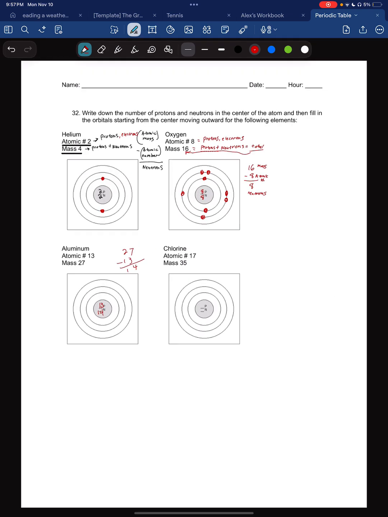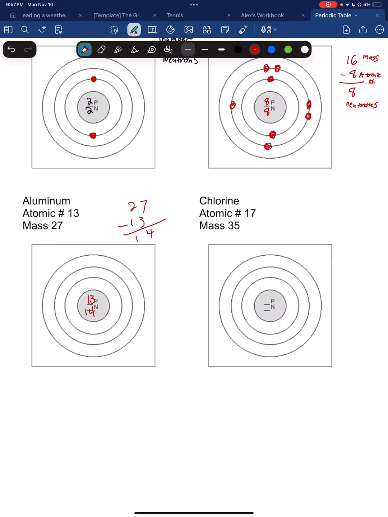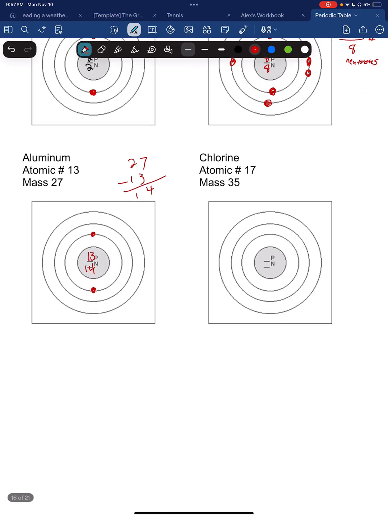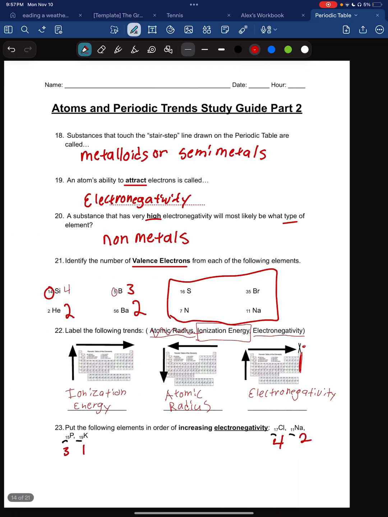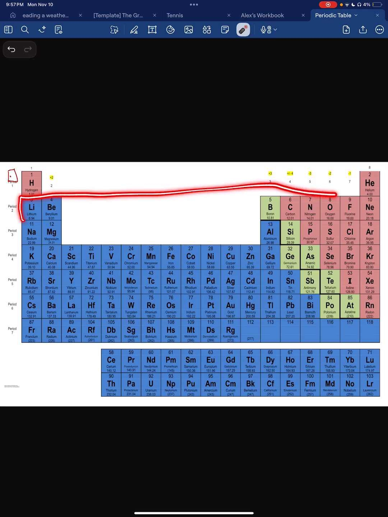So in the first circle, just like how we've been doing in our first orbital, we only fill in 2 electrons. Now, we need to get at least 11 more electrons in order to get to 13. But according to our periodic table, there are not 13 boxes present in our second period.